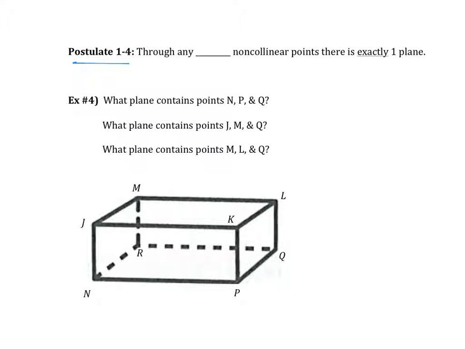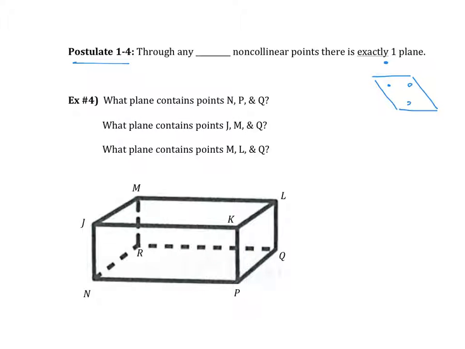So how many non-collinear points do you think you need to get exactly one plane? 1, 2, 3, 4. You think 4? If I drew a plane and I put 1, 2, 3, and then 4, is there a plane that goes through all 4 of those? There's not, right? So it's not 4.